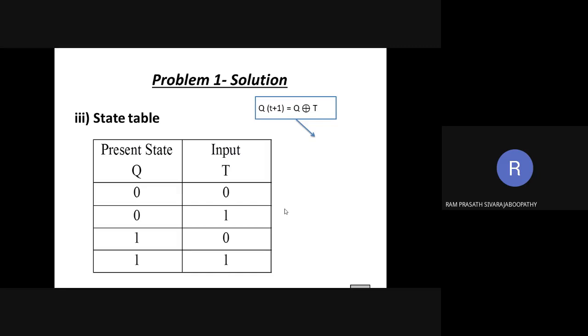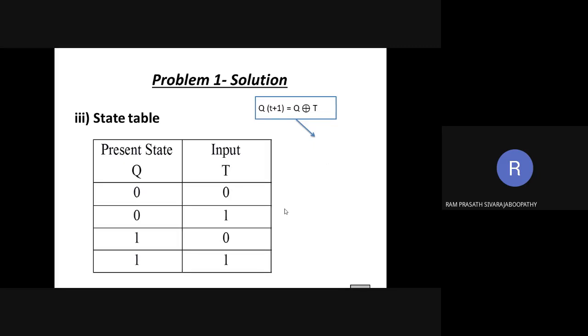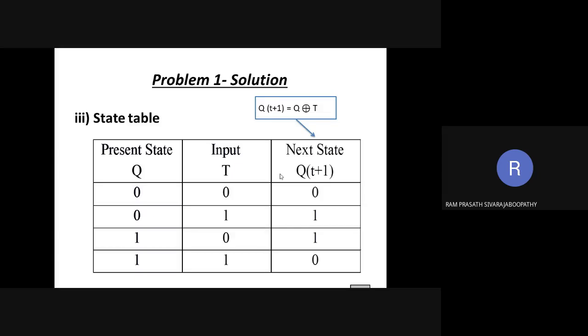Q XOR T. நல்லா கவனிக்கணும்ப்பா. ஸ்டேட் டேபிள்ல present state இது, input இது. அப்ப next state எப்படி கண்டுபிடிக்கலாம்? The circuit la analyze பண்ணி நான் கண்டுபிடிச்ச next state equation என்னது? Q of T plus 1 equal to Q XOR T. So simply perform XOR operation. So this is the state table for the given circuit.